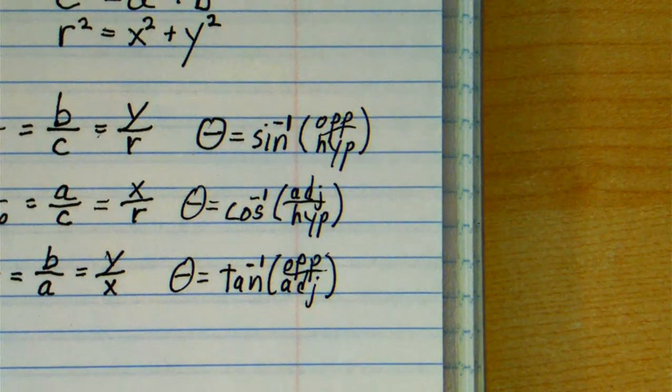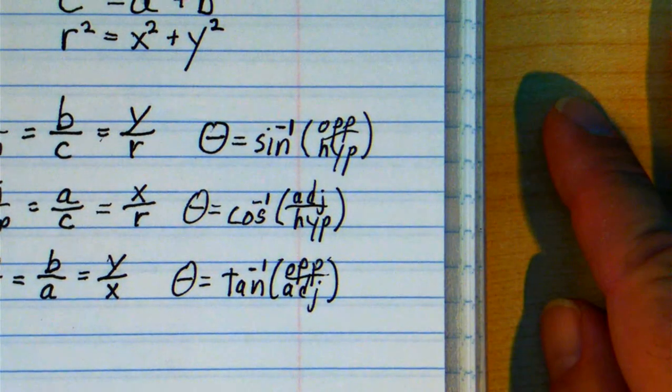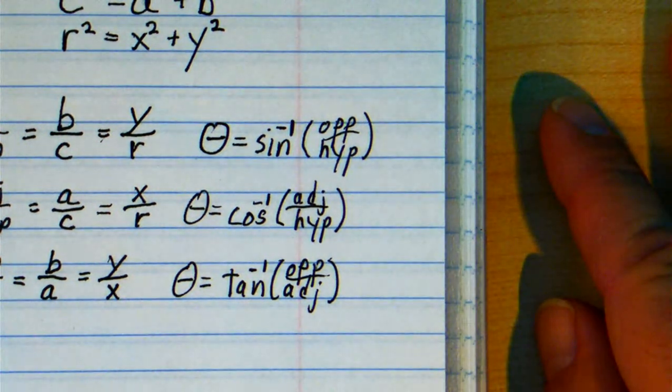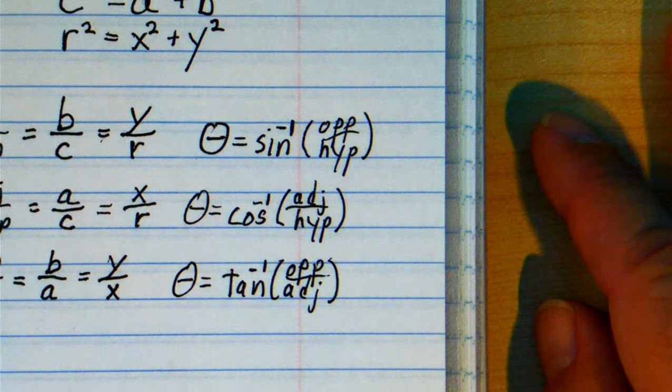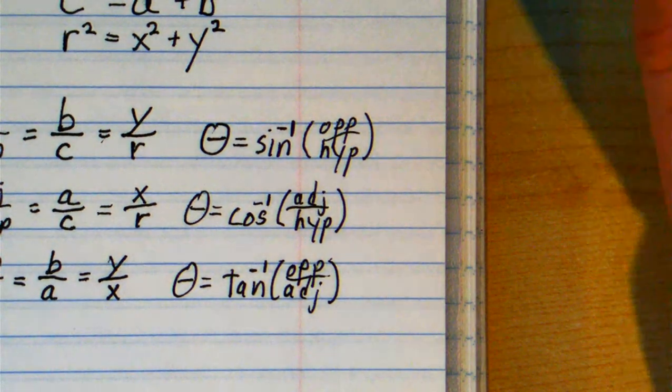And to get that answer, you must take the inverse of one of these three trig functions. You pick which one you want to use. And you must be in units of degrees on your calculator to get it correct. So, Matthew, do you want to try responding to that one again?